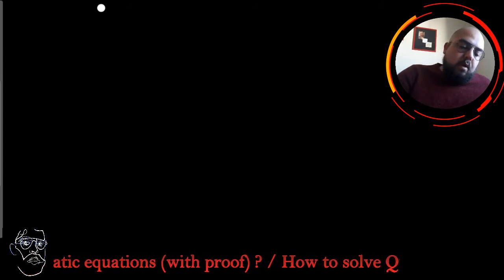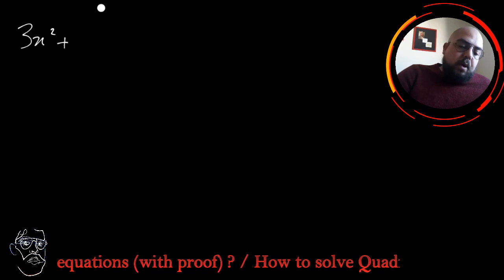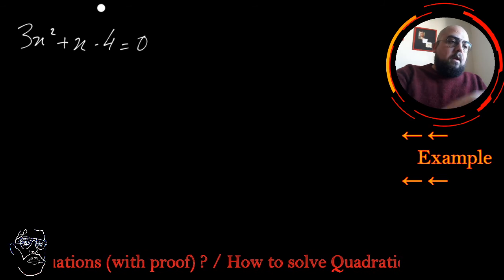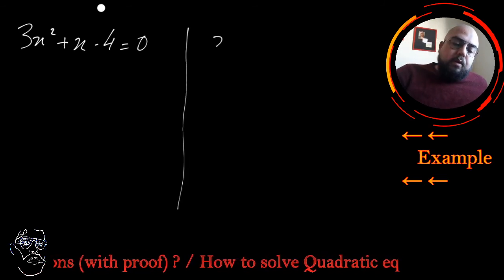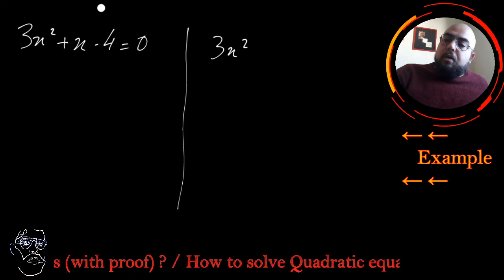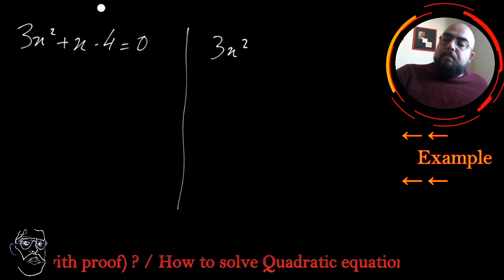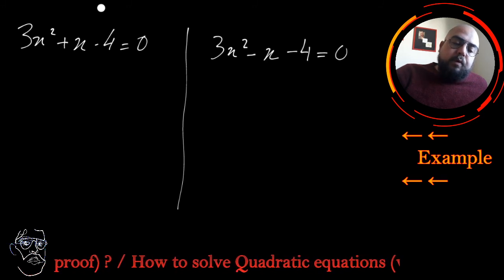We have 3x squared plus x minus 4, which is equal to 0. And the second example is 3x squared minus x minus 4 is equal to 0.